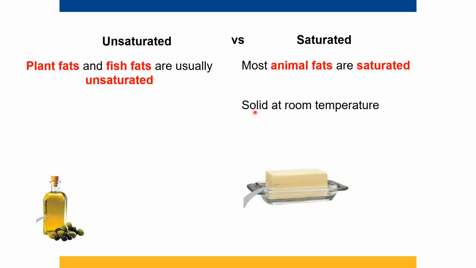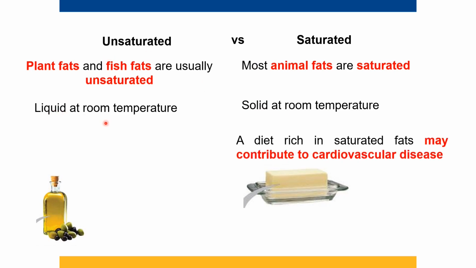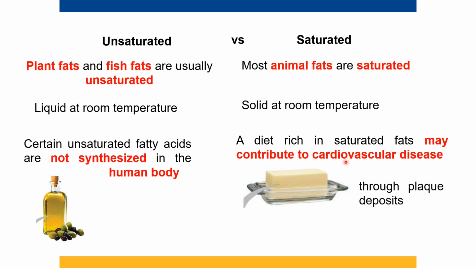So this is an example of saturated fat, and saturated fats are solid at room temperature, while unsaturated fats are liquid at room temperature. Unfortunately, although they are delicious, a diet rich in saturated fat may contribute to cardiovascular diseases through deposits of plaques in your circulatory system.